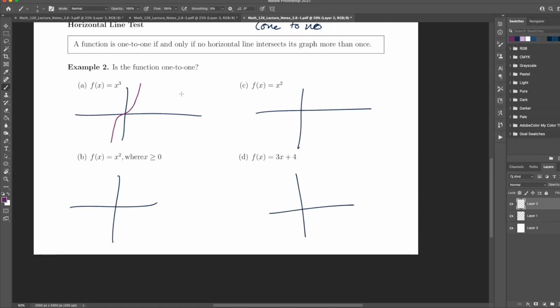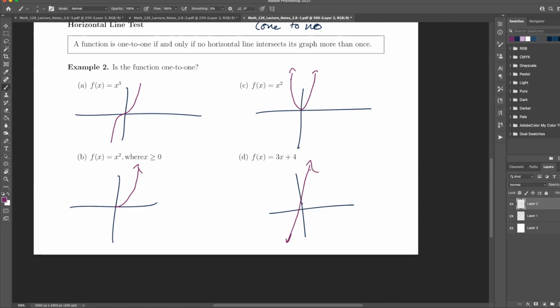So here, this is x cubed, this is x squared, and this is x squared where x is greater than or equal to 0. And then here we have 3x plus 4, so it'll be up 4, a kind of steep line.